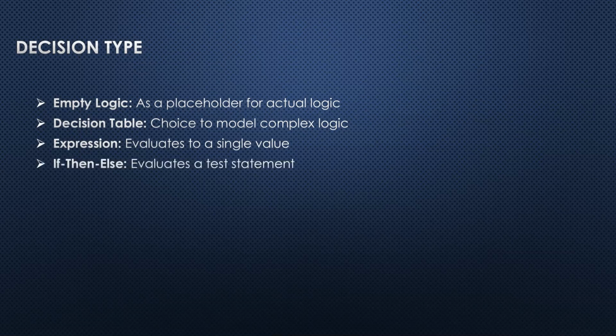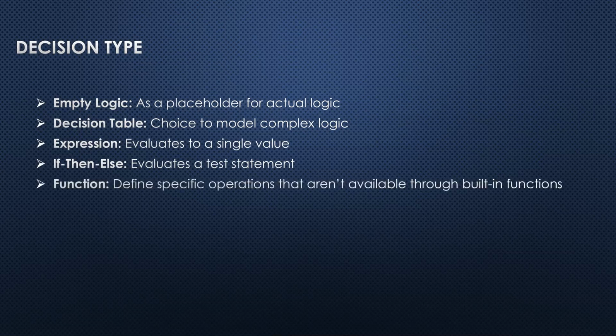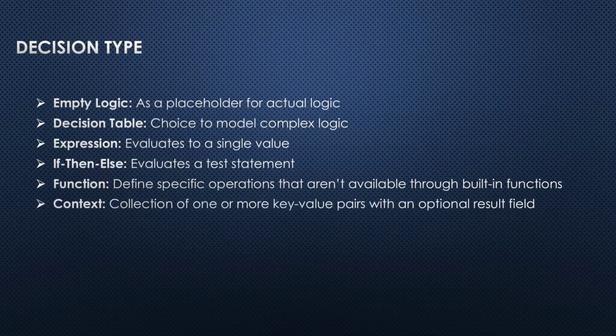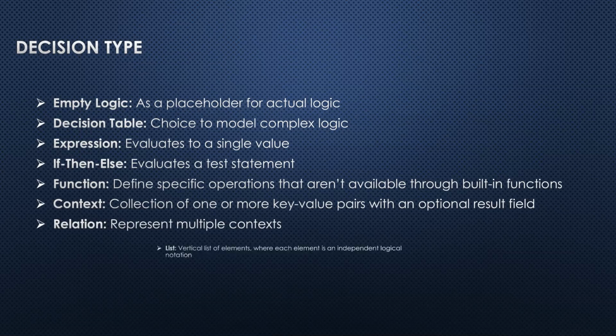If-then-else evaluates a test statement. It is just like the if-else statement which we use in programming languages like Java, .NET or PHP. Then the function defines specific operations that are not available through built-in functions. Context is a collection of one or more key-value pairs with an optional result field. Relation represents multiple contexts.